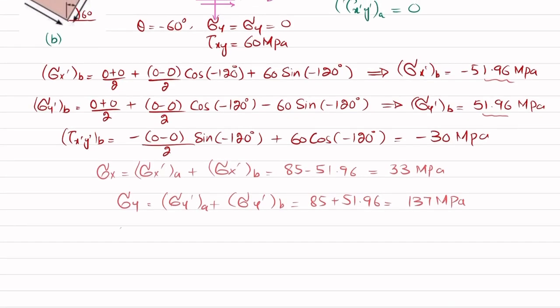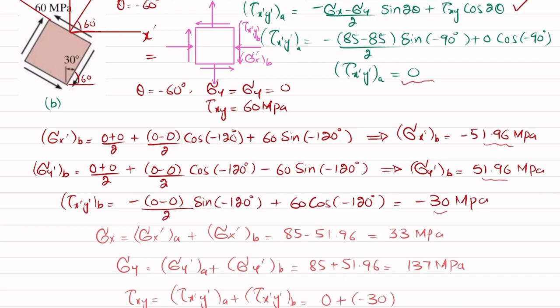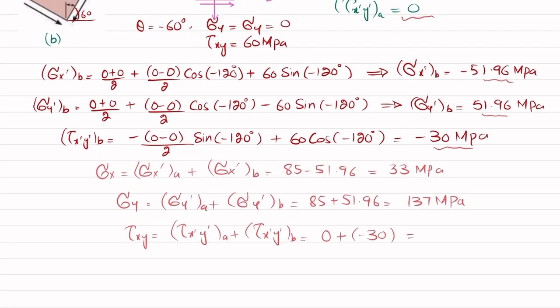And the last one is tau of xy. Tau of xy will be equal to tau of x dash y dash for case A plus tau of x dash y dash for case B. For case A it was 0, and for case B it was minus 30. So it is equal to minus 30 megapascal.